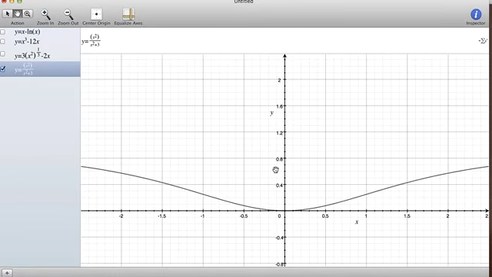Which makes sense because that winds up being a Witch of Agnesi times a parabola, and of course the zeroness of the parabola is going to drive that initial y-intercept of the Witch of Agnesi down back to the origin.